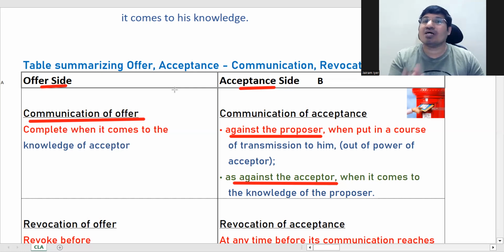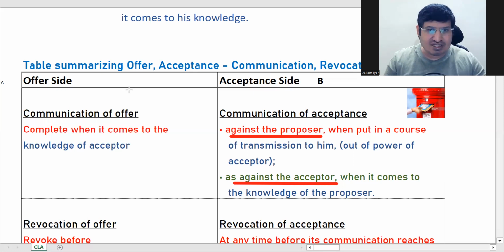But when you are accepting, you also have the offer which is already there. So which is why for acceptance we see when it is completed against the proposer and against the acceptor.